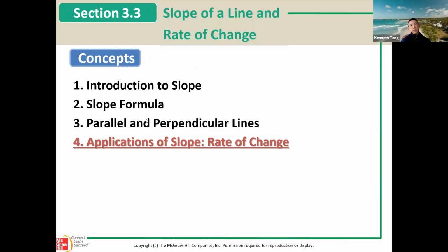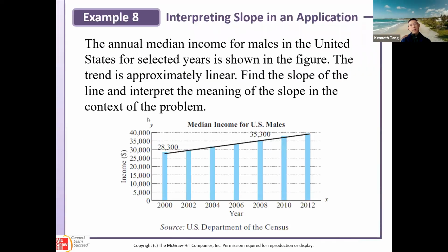So let's look at one application of the slope, rate of change. Let's say the annual median income for males in the United States for certain years is shown in the figure, and the trend is approximately linear.